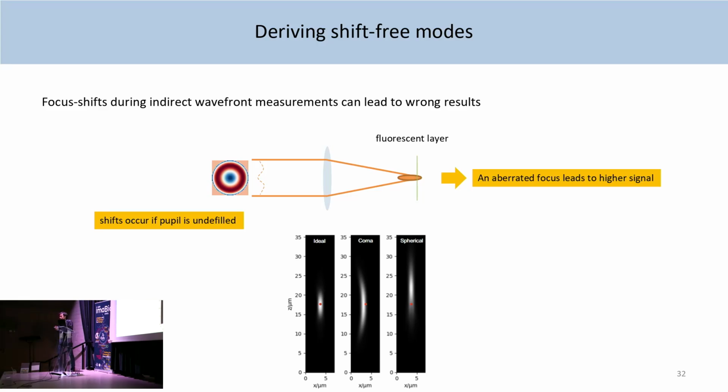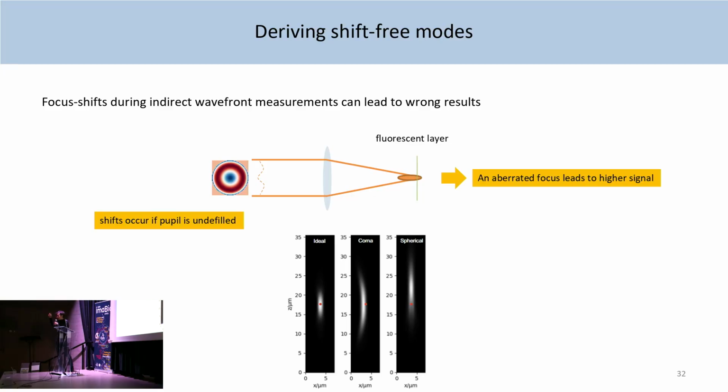The beam mostly sees defocus, not primary spherical aberration, and therefore the beam will shift whilst I do my test. If I'm really unfortunate, my beam actually gets worse, the focus elongates, but it shifts into a fluorescent layer. And then my signal goes up.